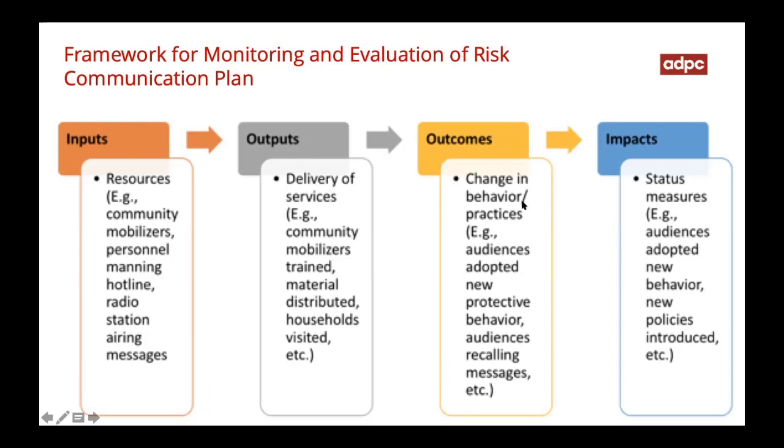Why? Because the increase in knowledge is not directly within your control. There are factors. Unlike outputs, these are the things you need to deliver so that they can be used and reach the outcome.